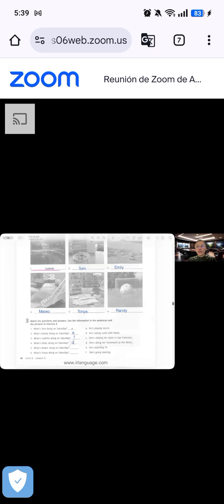What's Mateo doing on Saturday? He's eating sushi with Naoki. Irma, can you please read the last question and answer? Yes, teacher. He's eating sushi with Naoki.